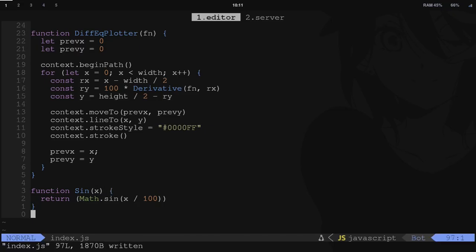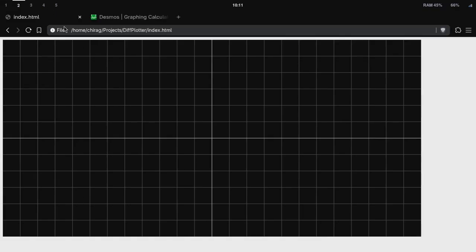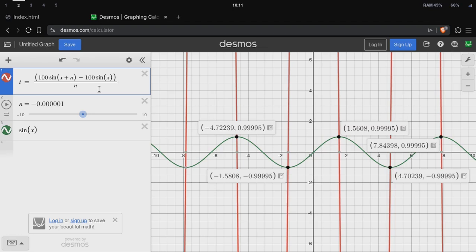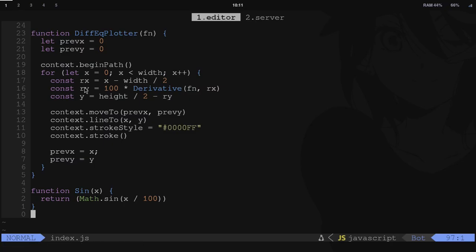Okay, nice. So we are now able to plot the derivative.